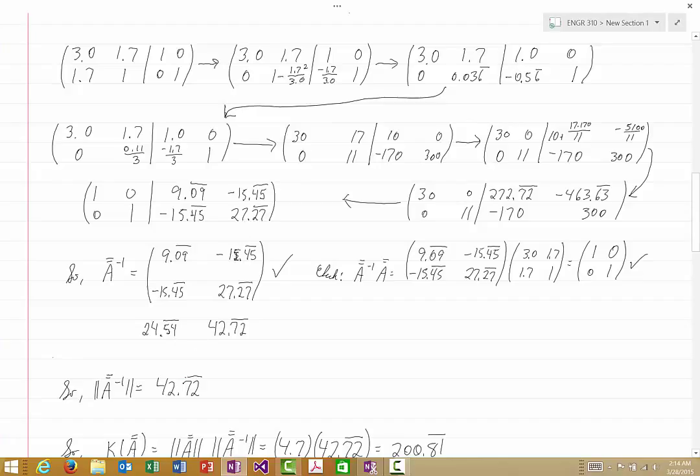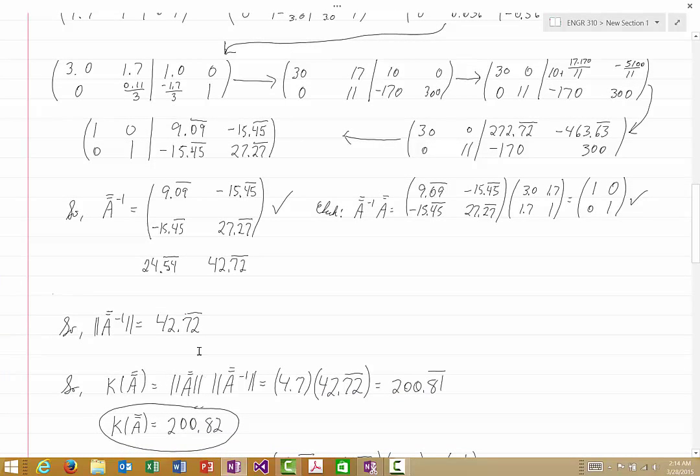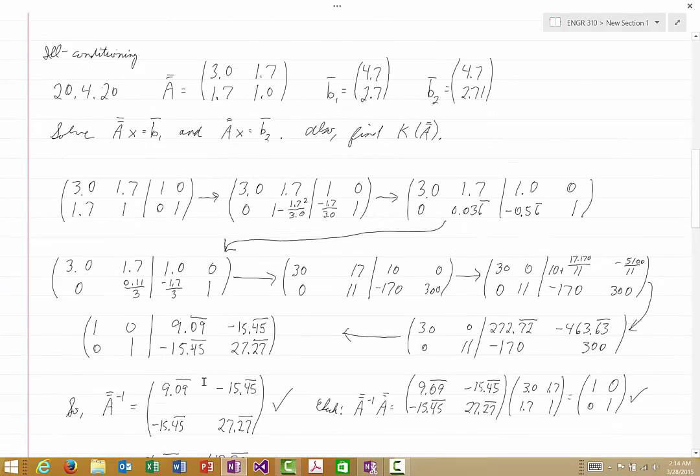If we add up the absolute values of the numbers in the second column, we get 42.72 repeating. Since that is larger than 24.54, the norm of A inverse is 42.72 repeating.